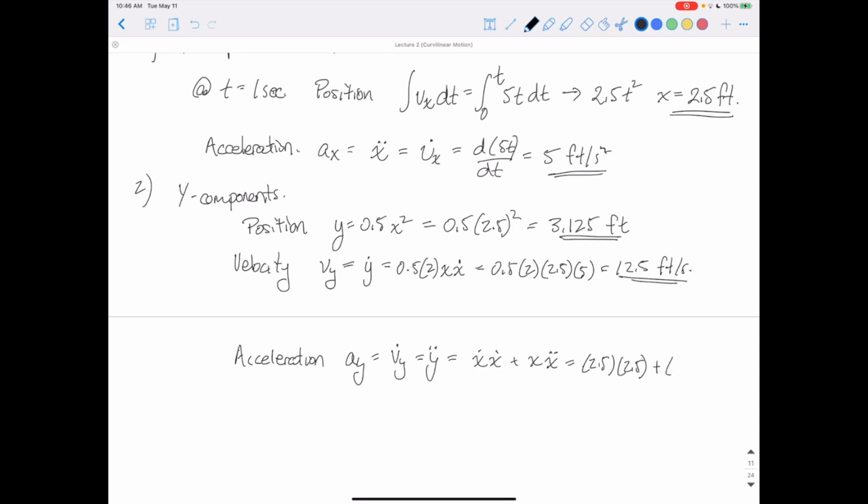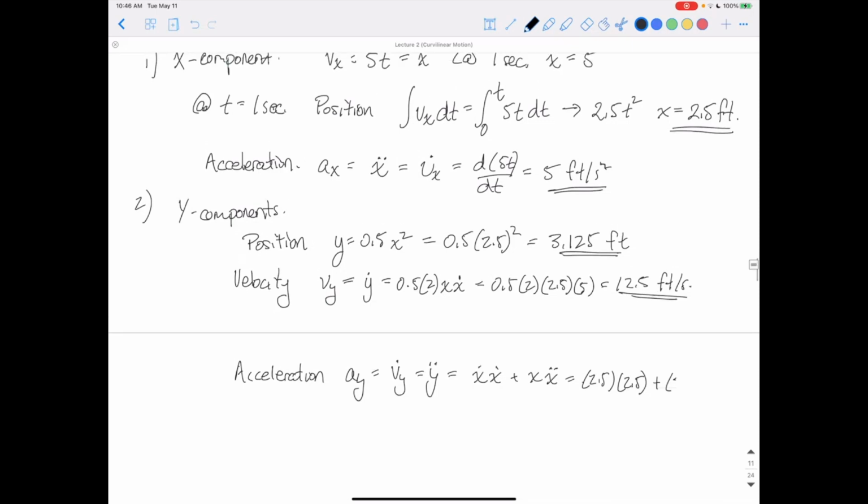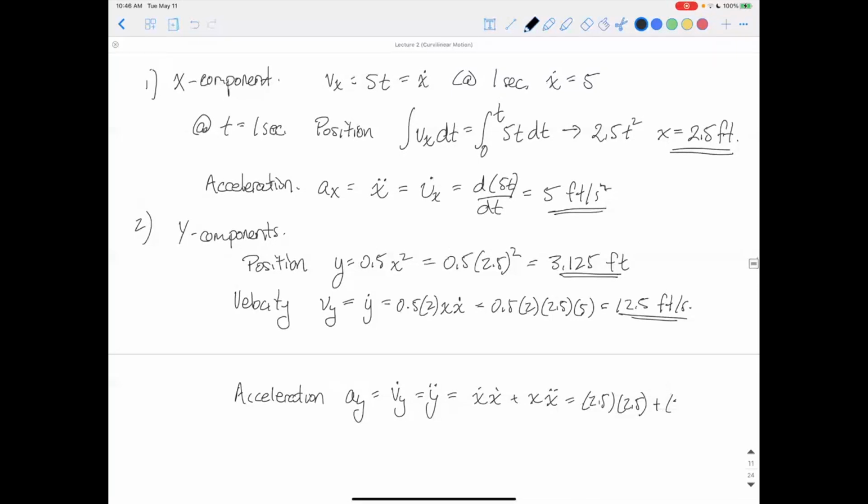Oh, I confused position. Our x dot is 5, not 2.5.